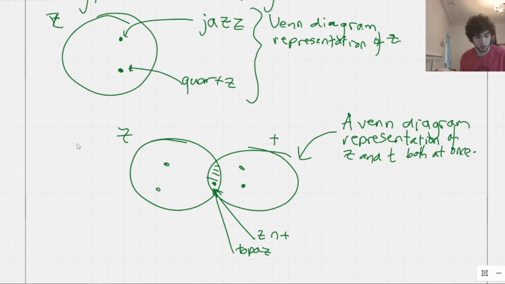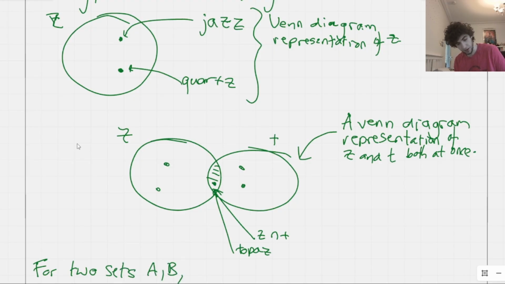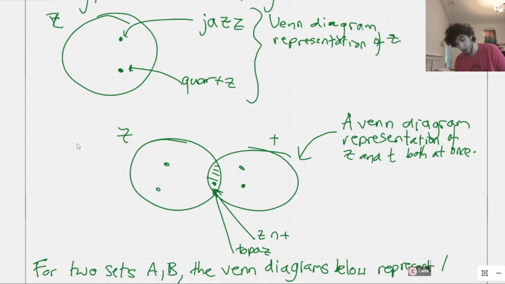Right, awesome. The last thing on sets is as follows. For two sets, A and B, the Venn diagrams below represent A union B and A intersect B, respectively, so basically in that order.